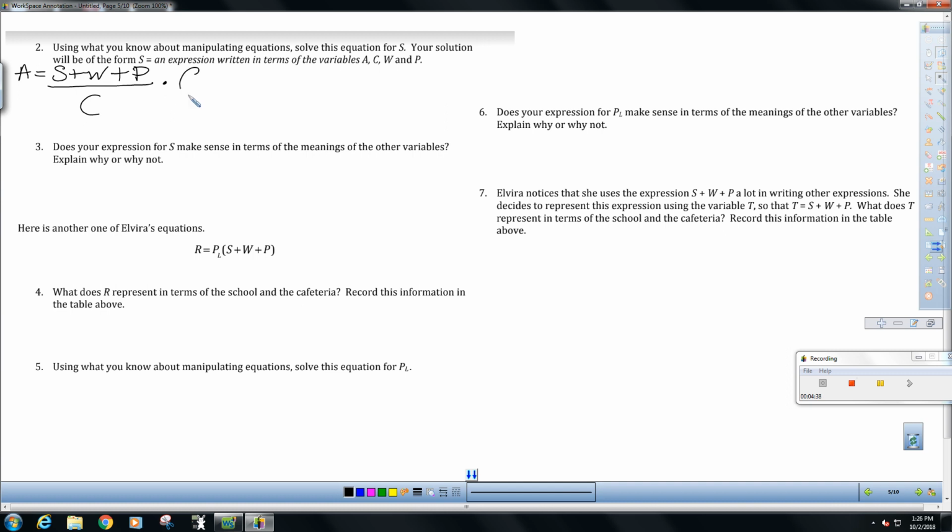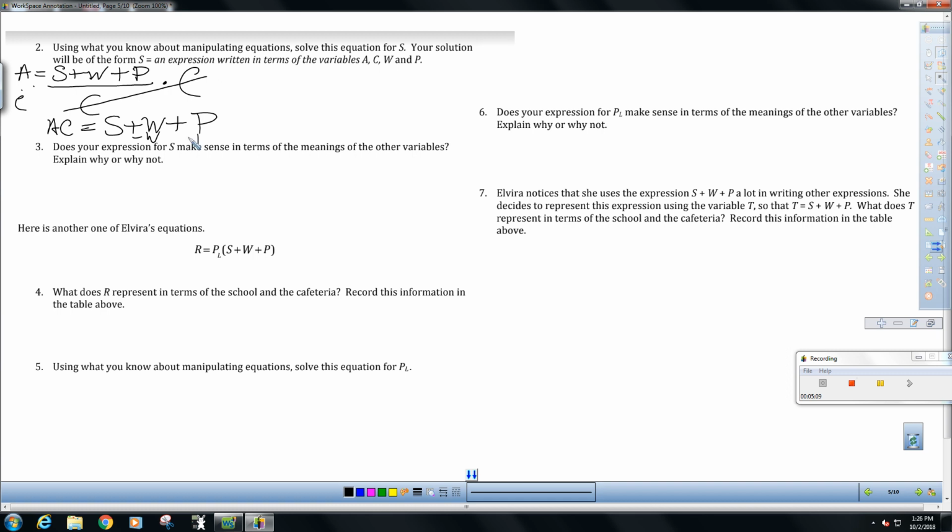That's right. Very good. Now, Carson, what's A times C? So on the left, we get AC, and on the right side, it's S plus W plus P. What are we solving for? So now what do we need to do? Subtract W, and what else should we subtract?